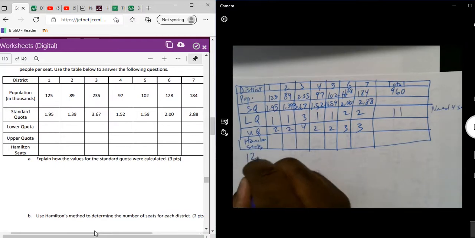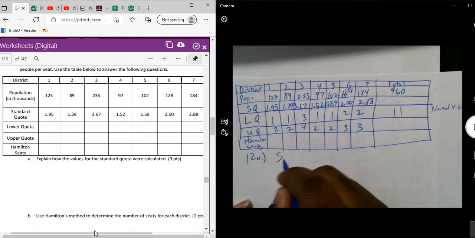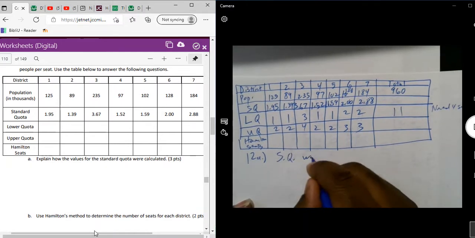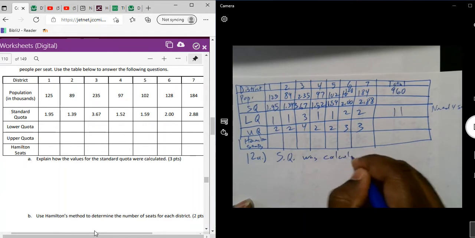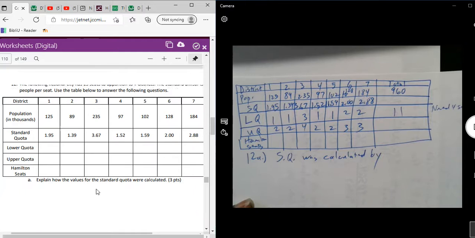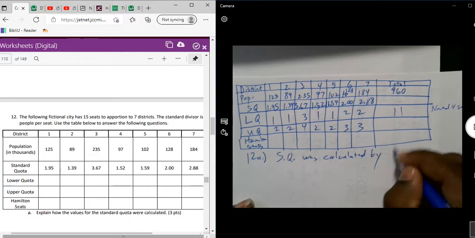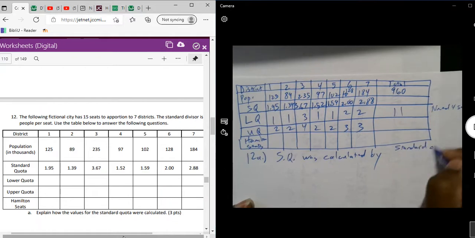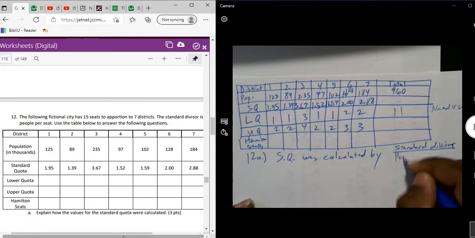So we could say the standard quota was calculated by, going back up here, the population of the district divided by the standard divisor.